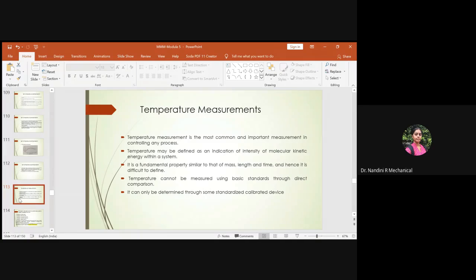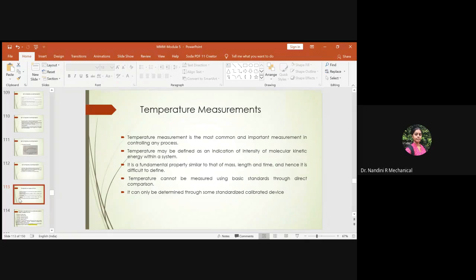Wherever there is any type of reaction, manufacturing or synthesis, there will always be a change in temperature. It is very essential to note the variation you get when any chemical reaction is taking place, during annealing or any other heat treatment method. So there is a need to measure the temperature, and hence temperature measurement is the most common and important measurement, which has to be done based on which type of process you are following.